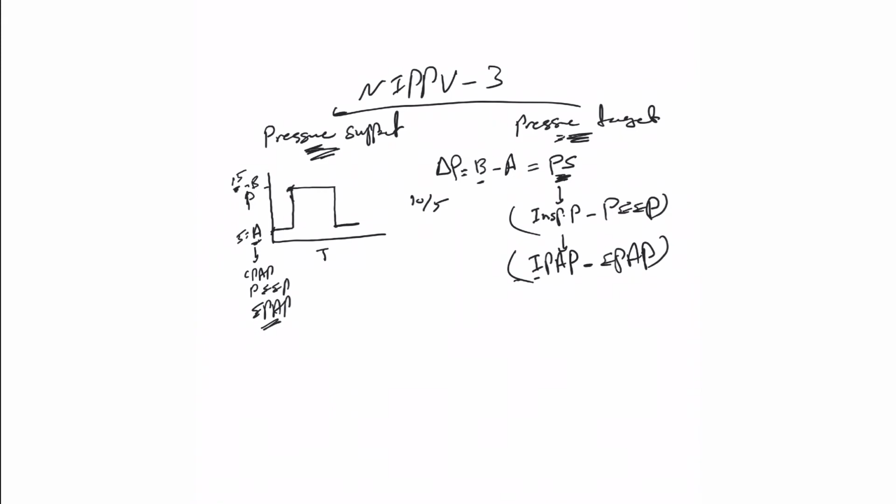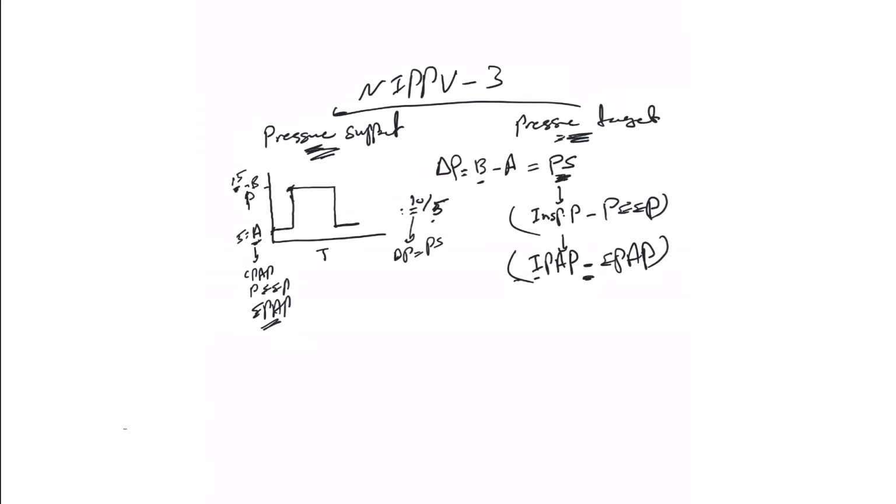Now, this can get confusing because some institutions use a different term. Some institutions say, okay, 10/5, that means I will increase, the gap will be 10. So this will be the delta P and this will be the pressure support. So in this case, the IPAP is equivalent to the delta P, equivalent to the pressure support. So check how your institution works.